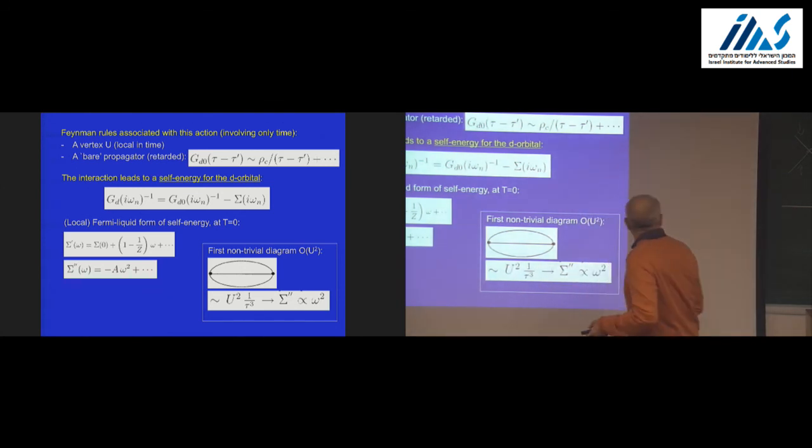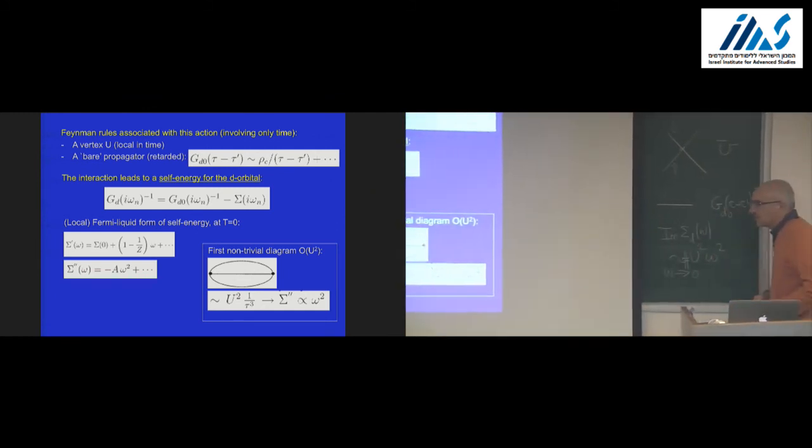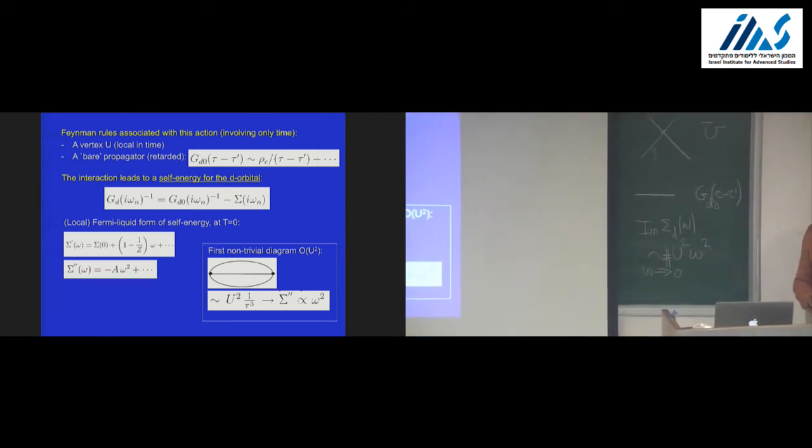So this means that the imaginary part of the dot self-energy at low frequency behaves like omega squared times u squared times some dimensionful number that will make this homogeneous to an energy.